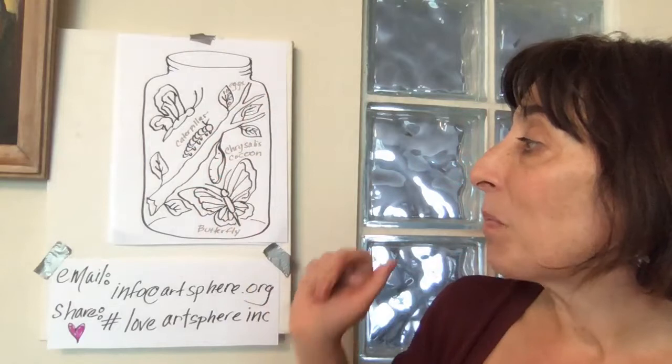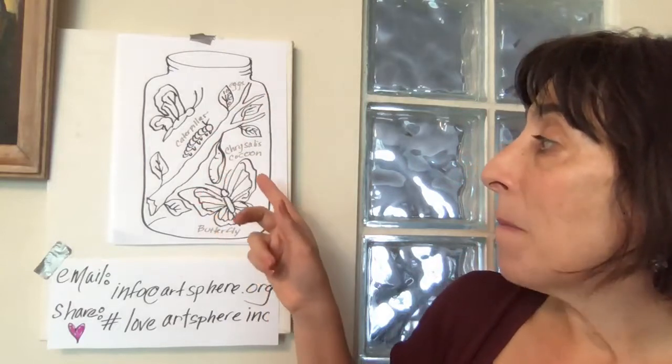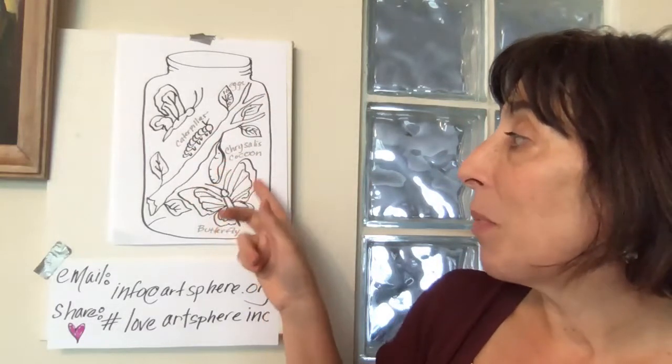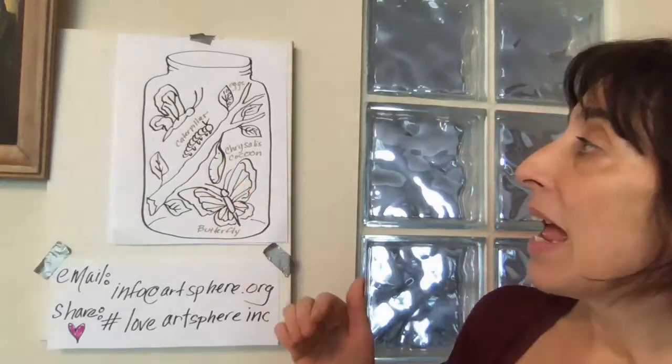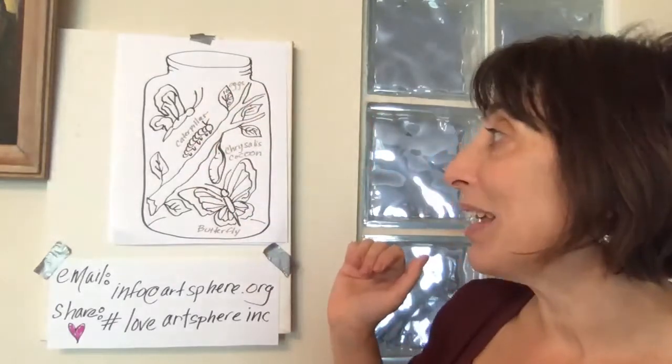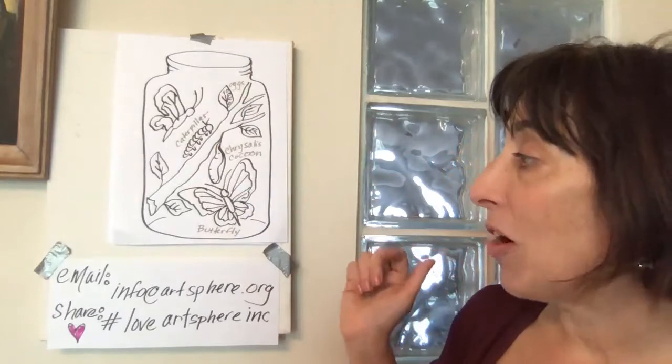And then the butterfly emerges from the cocoon as an adult again and starts the whole cycle over. So right now we're going to be doing our jar.